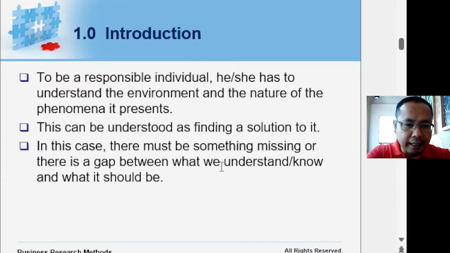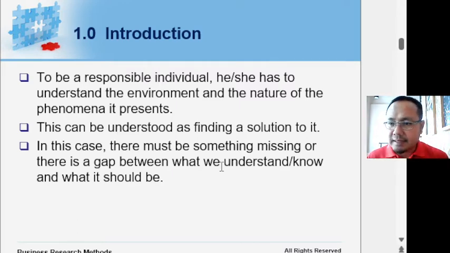And then this can be understood as finding a solution to it. So that after we do what we can call the literature review and problem background, we know what the best solution for it is. So in this case, there must be something missing, or there is a gap between what we understand and what it should be.